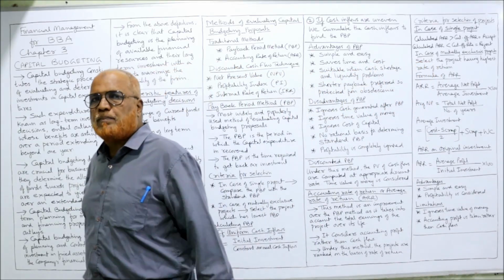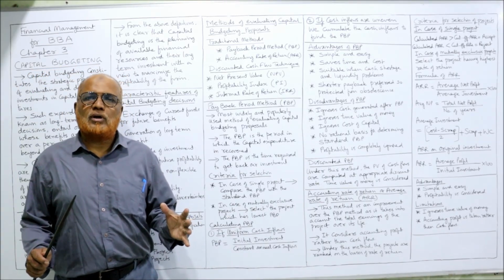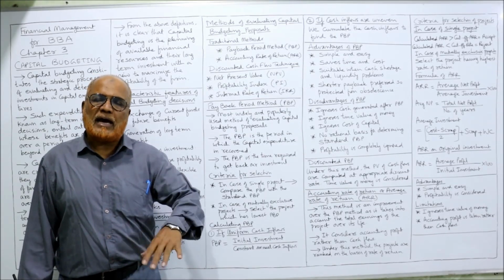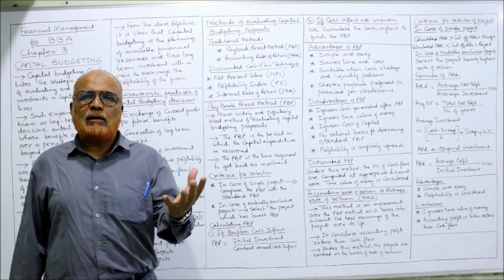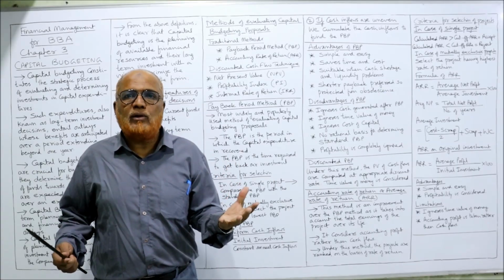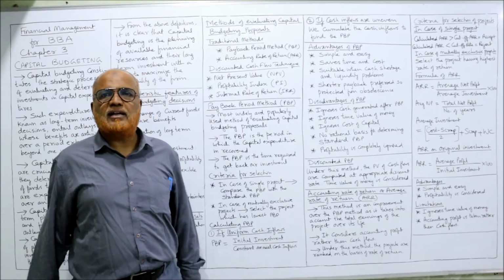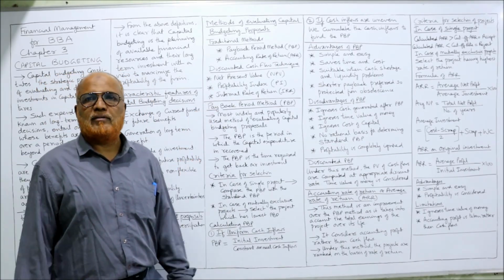So far, I have explained about the meaning and characteristics. Now I am going to come to the main point, that is techniques of evaluating capital budgeting proposals. Whenever capital budgeting proposal is there, we have to evaluate. How to evaluate? Different techniques are there. Broadly, we divide the techniques into two categories called traditional methods and modern methods.